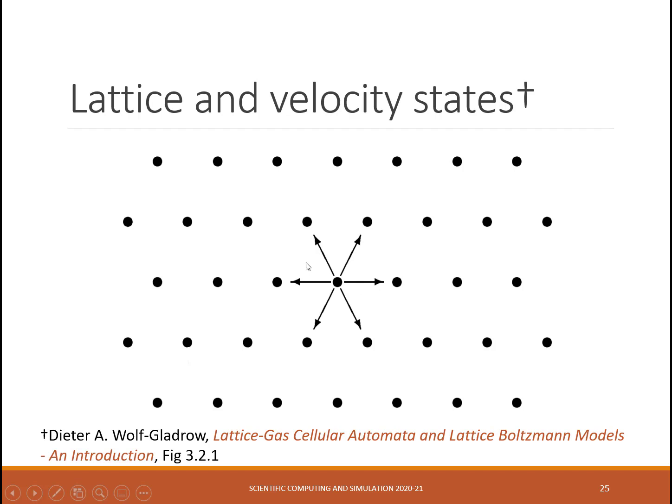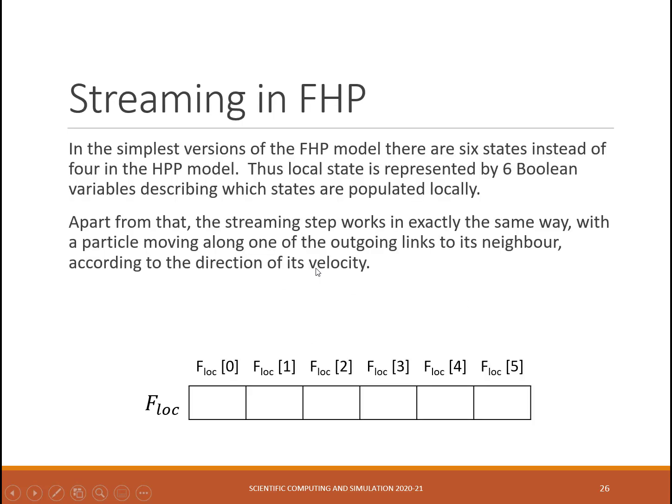In the FHP model, each cell has 6 neighbors rather than 4 in the HPP. So, as shown here, there are 6 states instead of 4 in the local state array F. Apart from this difference, the streaming step works in exactly the same way as discussed in the HPP model.